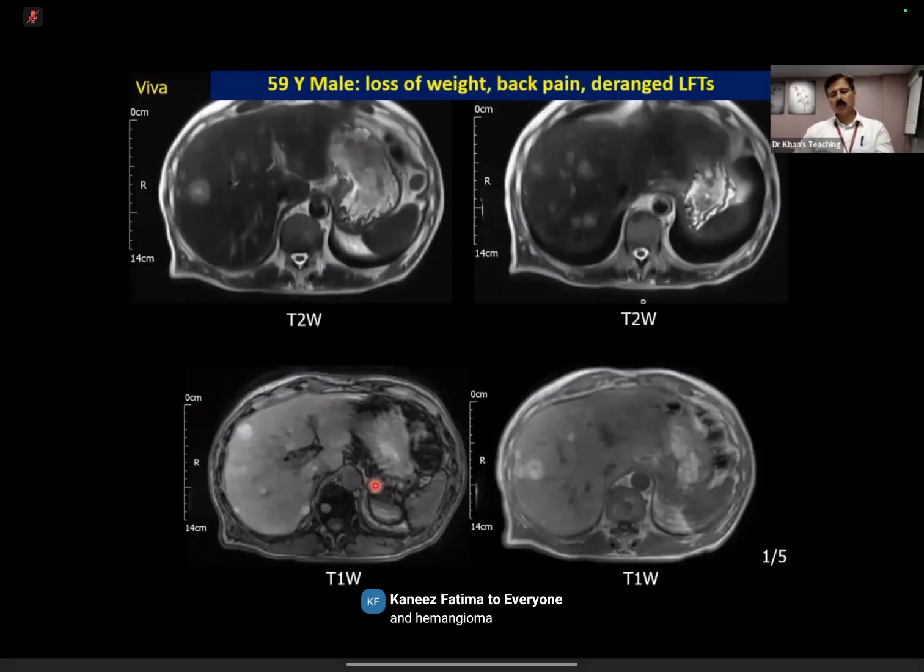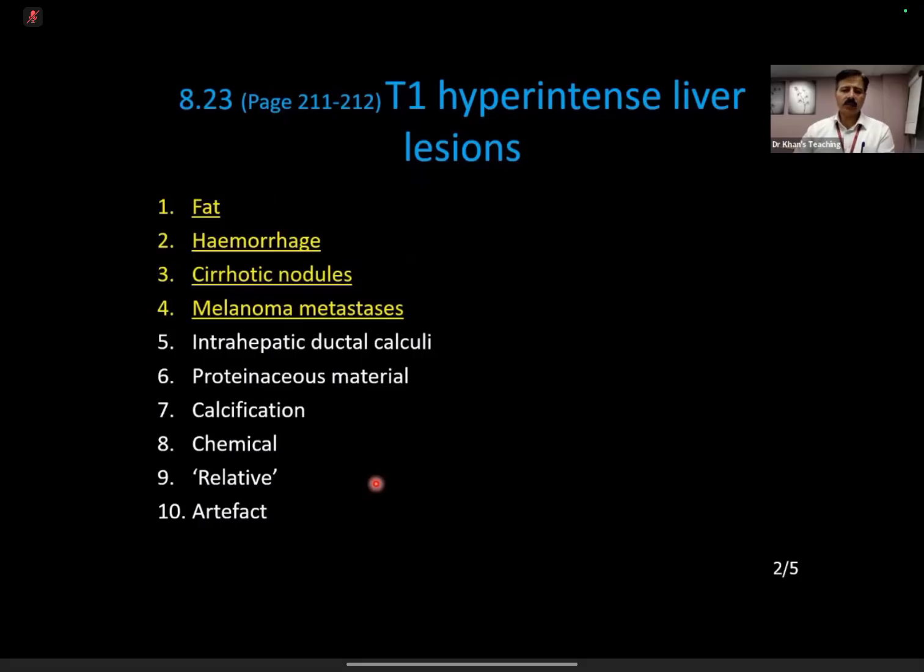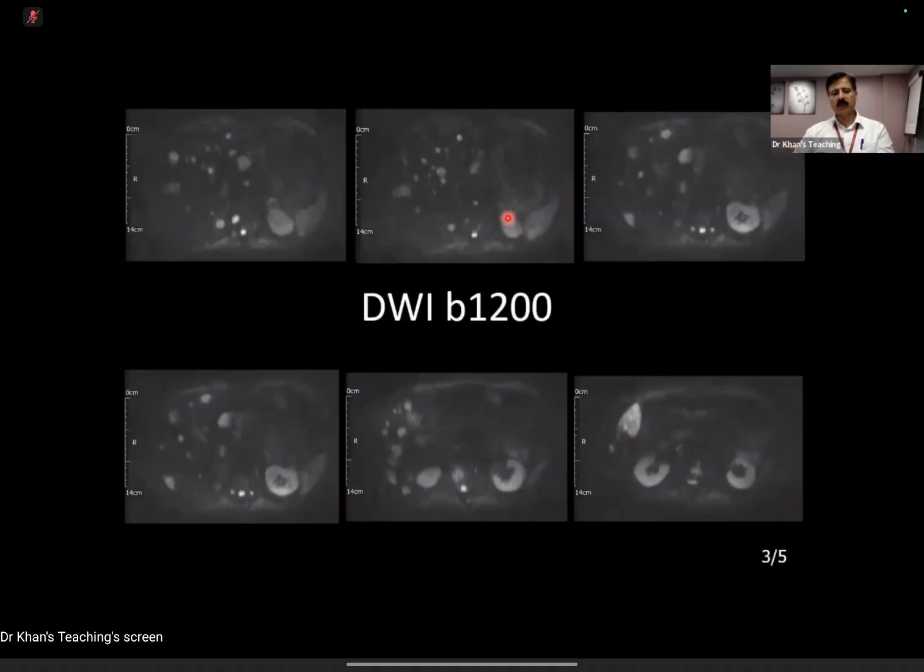Yes. So the point is that this was just to go through this differential, which is in your book, 8.223, T1 hyperintense liver lesions. Fat, hemorrhage, cirrhotic nodules, melanoma, these ones you have to remember, particularly melanoma, and particularly anything which has got fat. So T1 hyperintense.